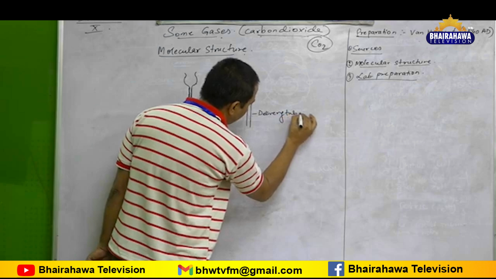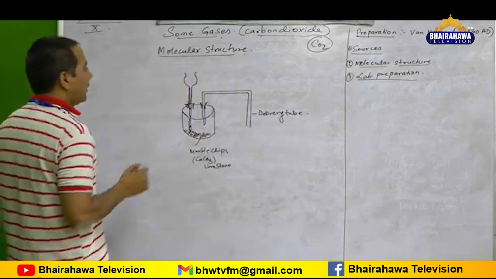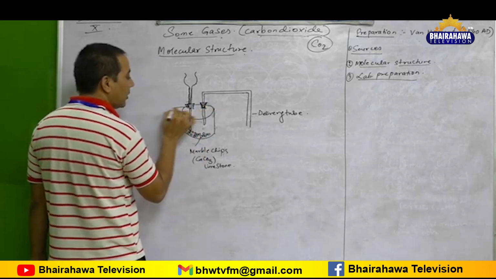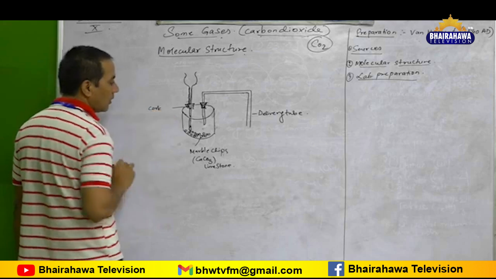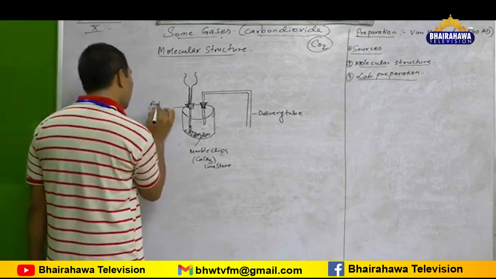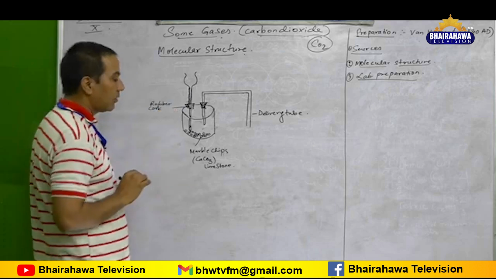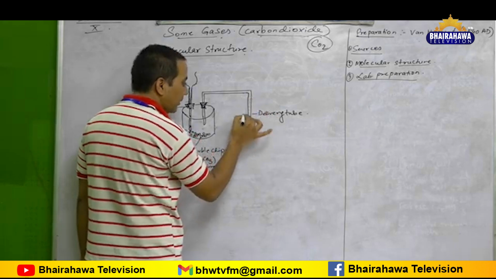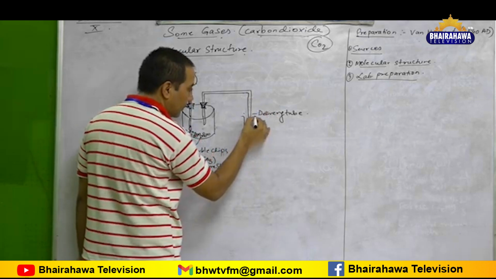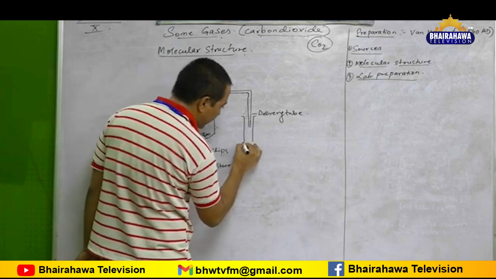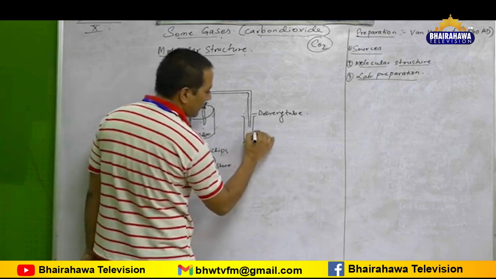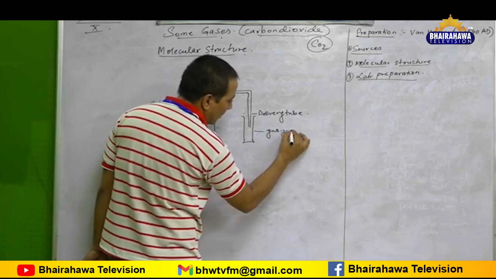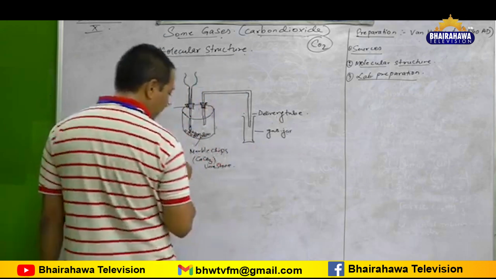Then there is a covering made of rubber, called a cork. Then we put a gas jar over here. Gas jar. Okay.